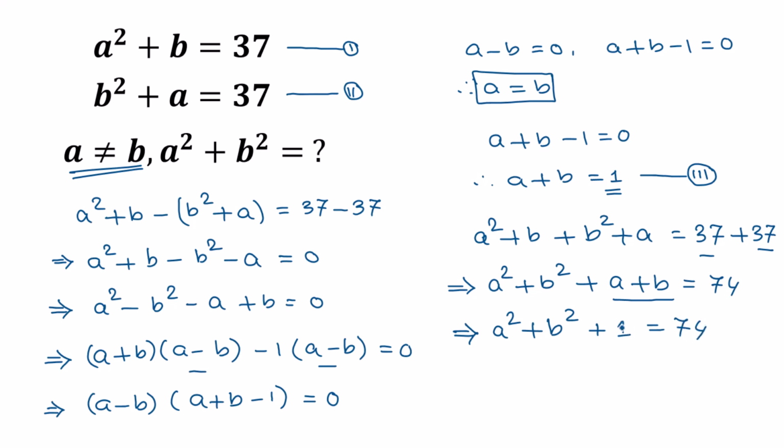Taking this 1 to the right side, we will get the value of a square plus b square is equal to 74 minus 1, which is 73, and this is the value of a square plus b square.